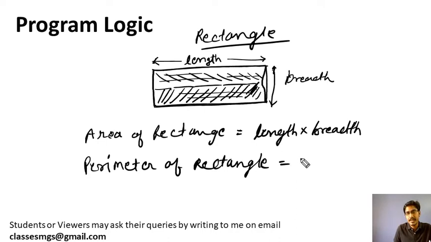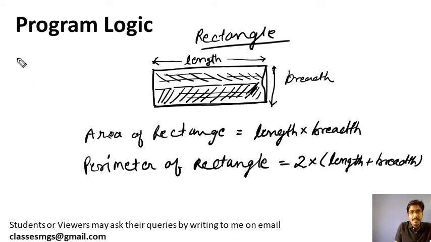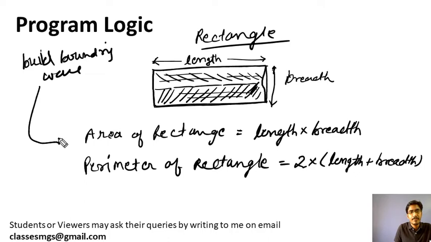Mathematically we have the formula already: 2 into length plus breadth. So how do we calculate the perimeter? Perimeter means we add all these sides. If you want to build a boundary wall over the rectangle, then we use the concept of perimeter.